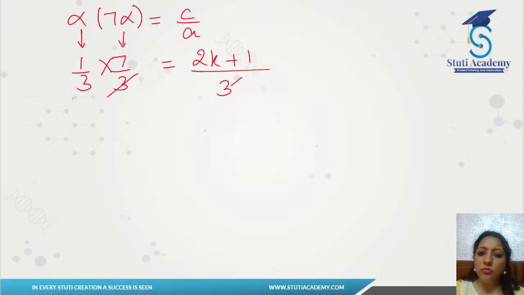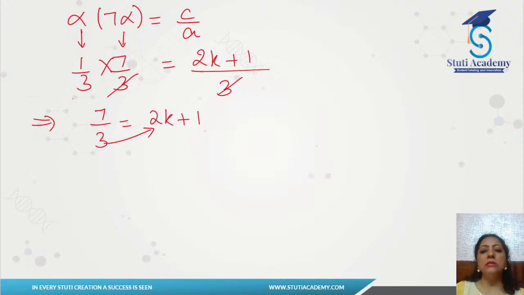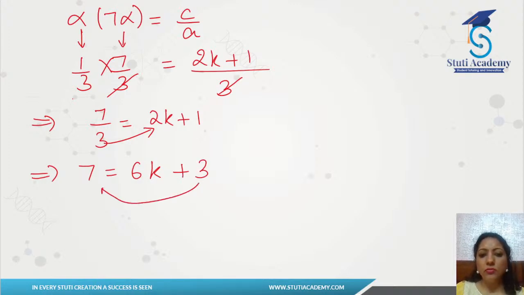So 3 and 3 we can cancel. And then we have 7 upon 3 is equal to 2k plus 1. This 3 we are going to take on the other side and it will get multiplied. So we have 7 is equal to 6k plus 3. From here we solve for k. We are going to take 3 on the other side and we will get 7 minus 3 is equal to 6k.